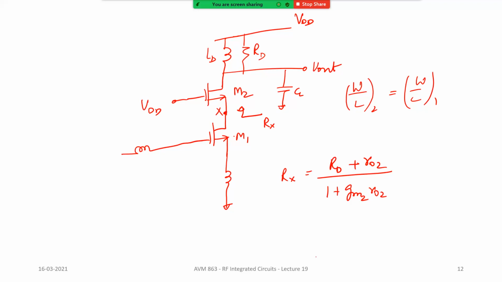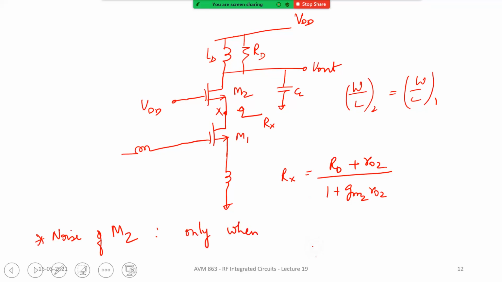Okay. Now the other thing is, obviously we'll say that the noise of M2 will also come into picture, but noise of M2 becomes significant only when the impedance at this node, so it will have a certain parasitic capacitance Cx. Okay. So and the net impedance which is seen there is 2 times R01.